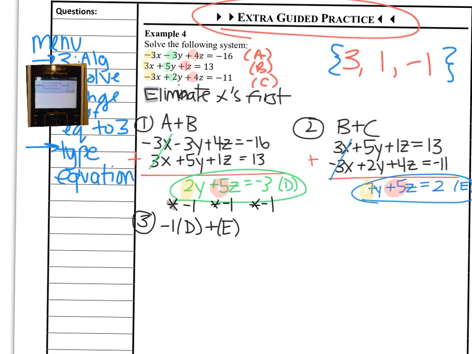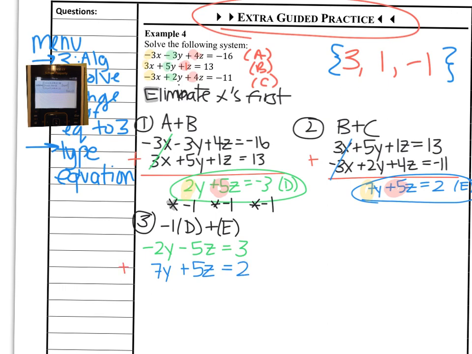So now for equation D, we have negative 2y minus 5z equals positive 3. Again, just multiplying right here by that negative 1. And then equation E stays exactly the same: 7y plus 5z equals 2.